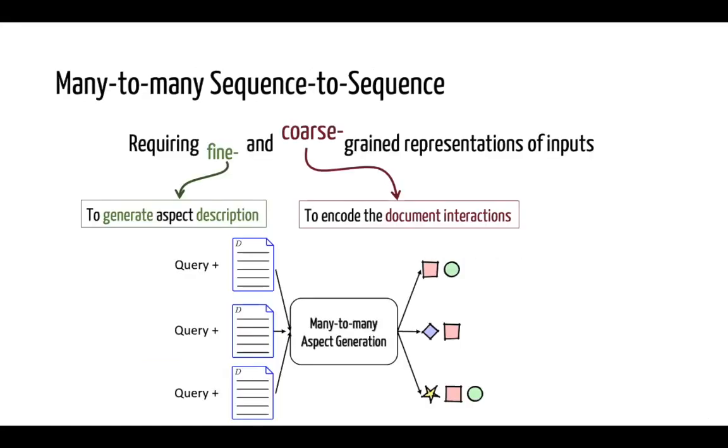Again, the problem is we have a query and a set of search results, and we want to explain them. One way is to take one document at a time, come up with its explanation, and at the end aggregate all the explanations that we have for the different documents in the search results, and take that as the explanation of the information space. But it would be more optimal if we can explain the entire information space as a whole, so that we can consider document interactions in the set.